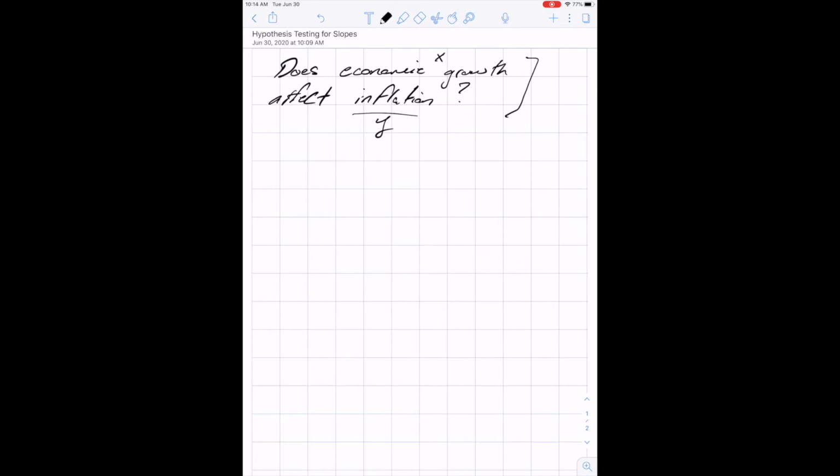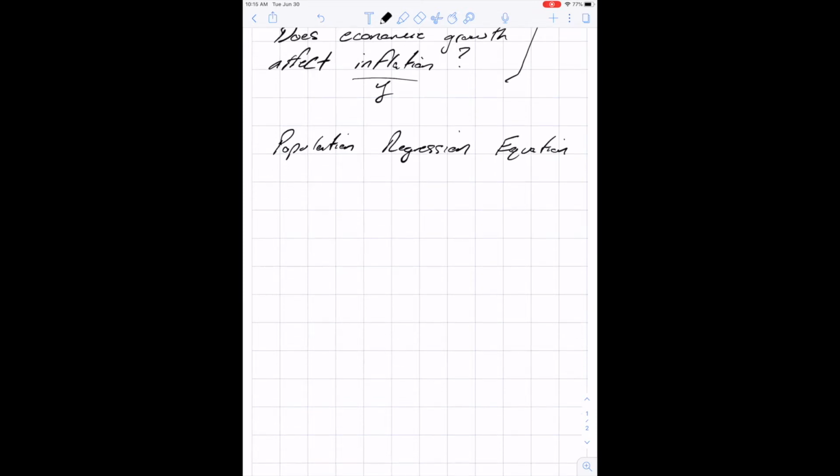After we ask our research question, we could write out a population regression equation. And so I'm going to write it in terms of what I'm actually looking at.